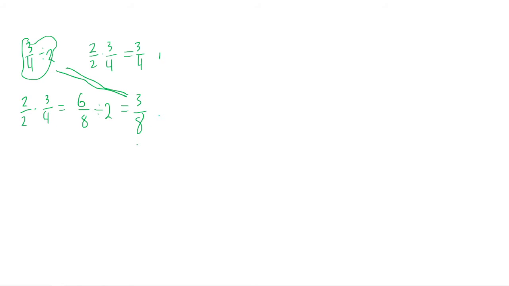Okay, so in general, if it be proposed to divide the fraction, say, a divided by b by c, we simply change it into ac divided by bc by multiplying by c divided by c, which is 1 again.